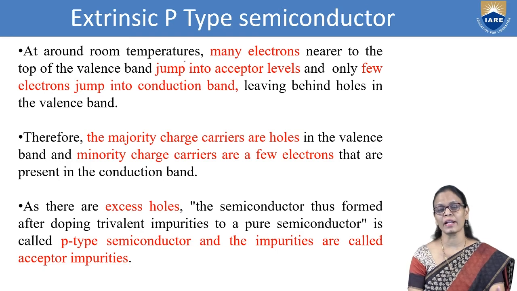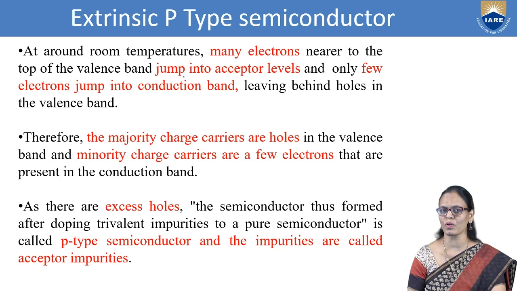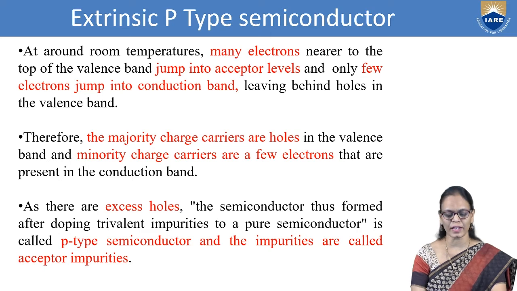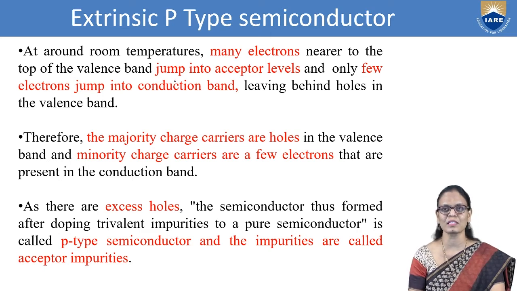Now at around room temperature, from 0 Kelvin we are just going above, say to 300 Kelvin, many electrons that are nearer to the top of the valence band jump to the acceptor level. So when the temperature increases, some of the electrons in the valence band gain energy and become free.